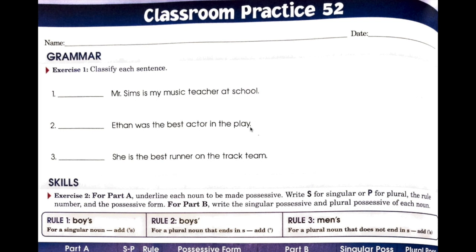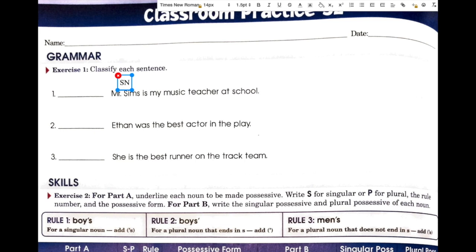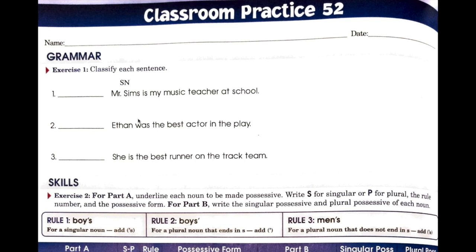This is classroom practice 52. Exercise 1, classify each sentence. Number 1, Mr. Sims is my music teacher at school. Who is my music teacher at school? Mr. Sims, subject noun. What is being said about Mr. Sims?